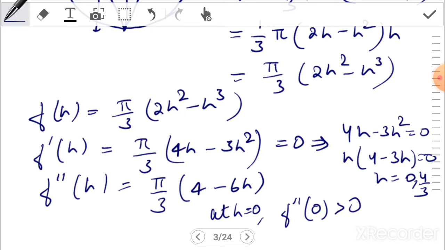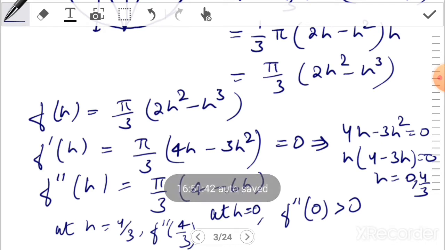And at h equal to 4 by 3, f double dash of 4 by 3: if you put 4 by 3, then this is 4 minus 8, which will be negative.